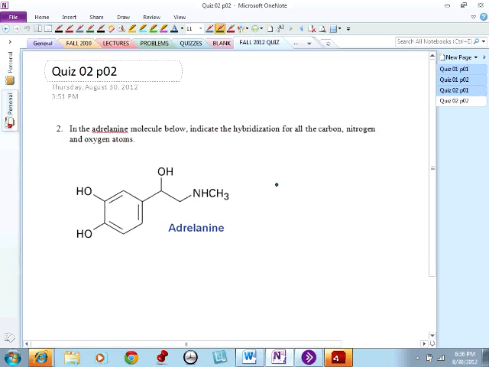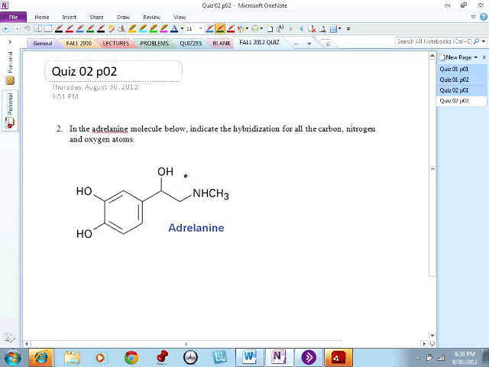It gives you a rush to get out of the trouble, or it increases your heart rate, so whatever you want to do, you do it very, very fast. This is a very important biological molecule. Hopefully by the end of this semester, all of you should be able to synthesize this type of molecule.